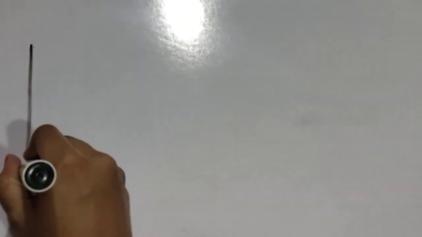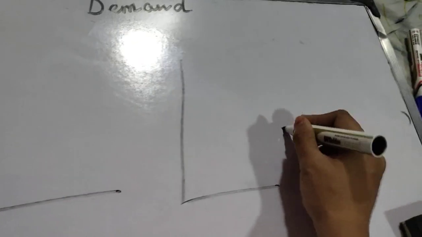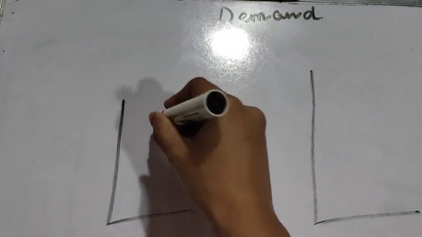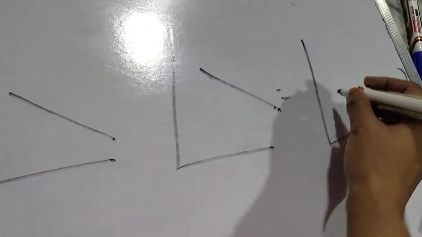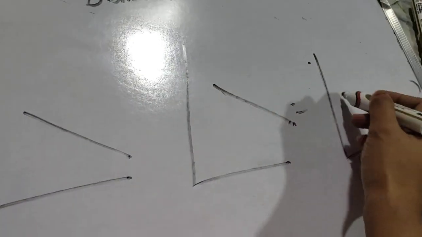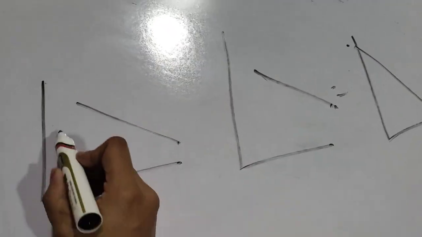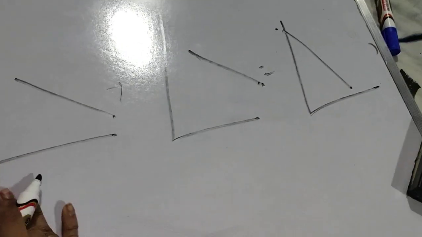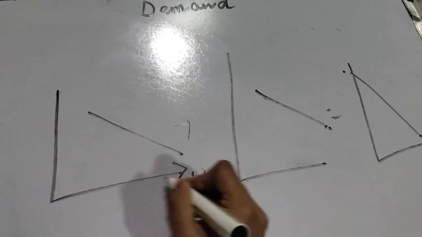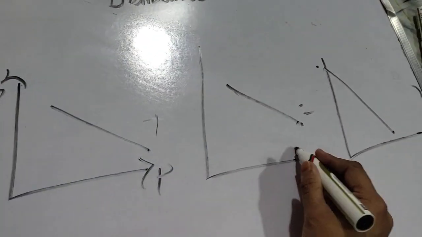Then there was the individual demand schedule, and from that you have your market demand. This is your individual demand, and your market demand is going to be steeper or flatter given the demand of other goods. I'm not writing everything over here because this is a very fast and quick explanation.